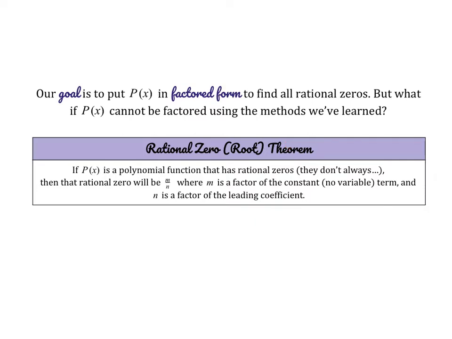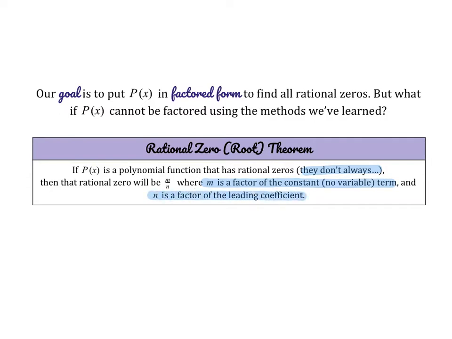So this theorem says if p of x is a polynomial that has rational zeros, so it is important to note that some polynomials don't have rational zeros. But if they do, then we can always find them using this formula m over n, where m is a factor of our constant, which is the no variable term, and n is a factor of the leading coefficient.